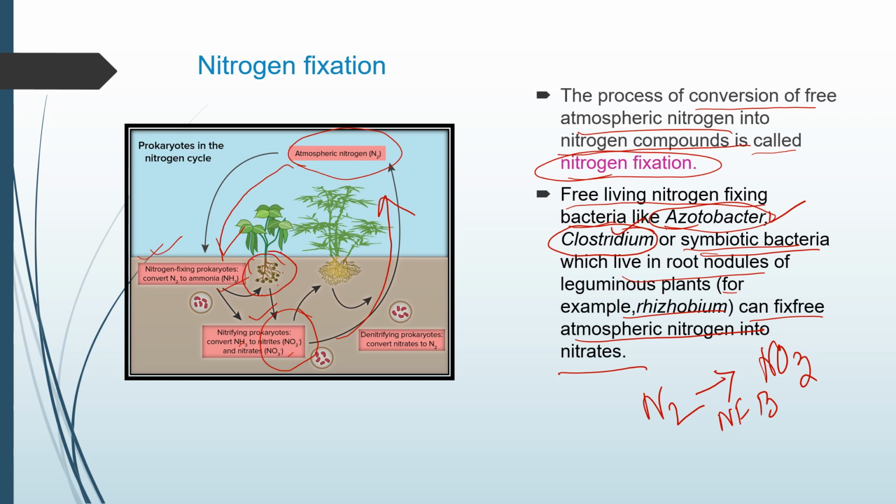Atmospheric nitrogen is fixed by the nitrogen fixing bacteria, that is Azotobacter and Clostridium, and as we told in the earlier slide, Nitrosomonas and Nitrobacter are the two bacteria which convert these compounds to nitrites and nitrates through oxidation. Then with the help of denitrifying bacteria, which we will discuss in the next slide, they are converted to atmospheric nitrogen. That is the denitrification process.